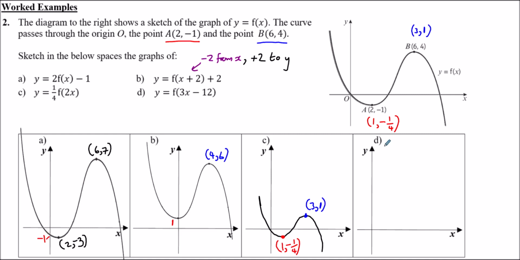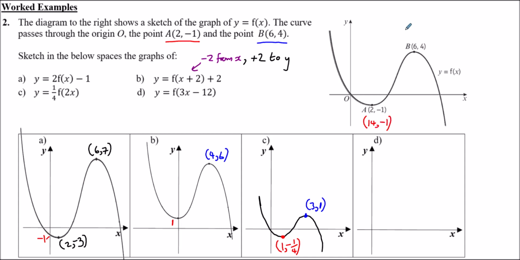Finally now, part D of this, y equals f of 3x minus 12. So again, all this is inside the brackets, inside think opposite, so I'm going to deal with this minus 12 first. So the first thing we're going to do is add 12 to the x values. So that would take A to be 14, minus 1.